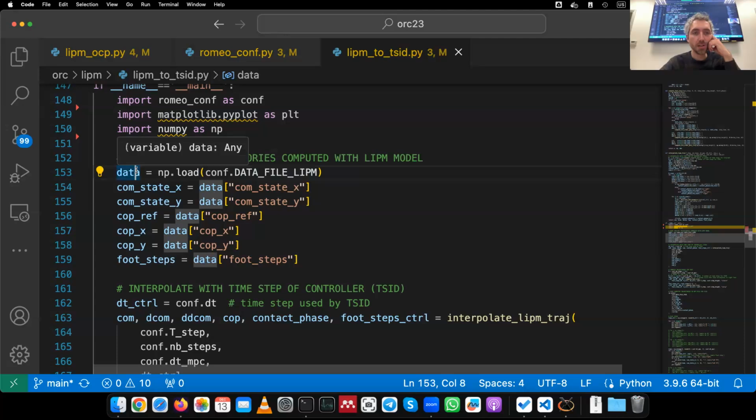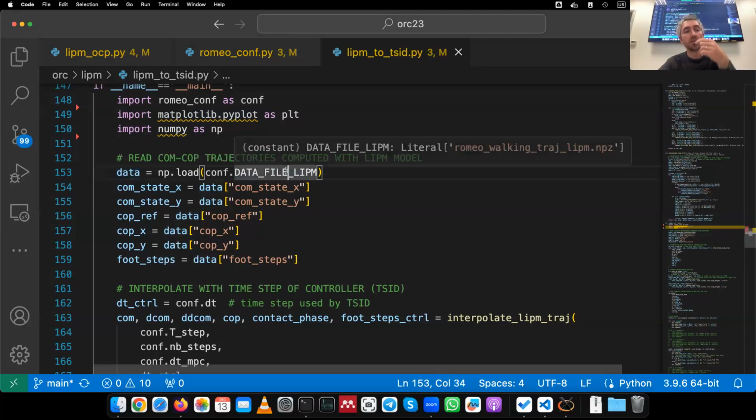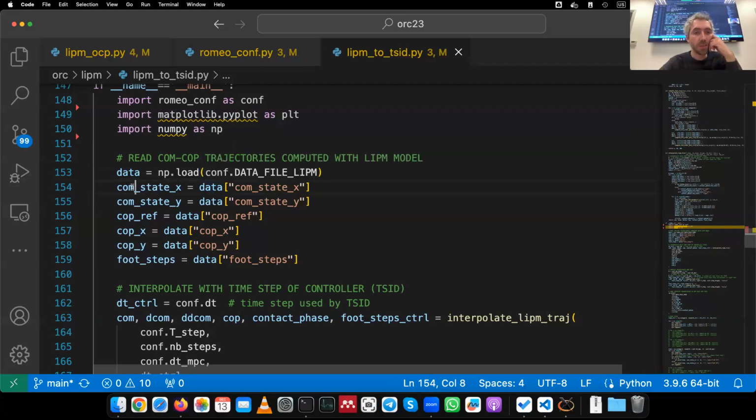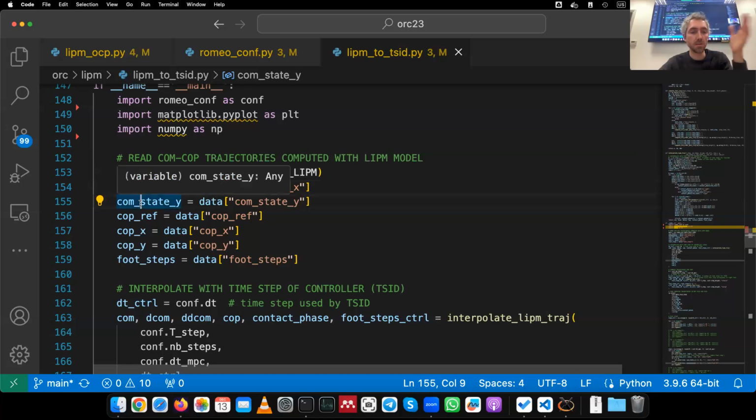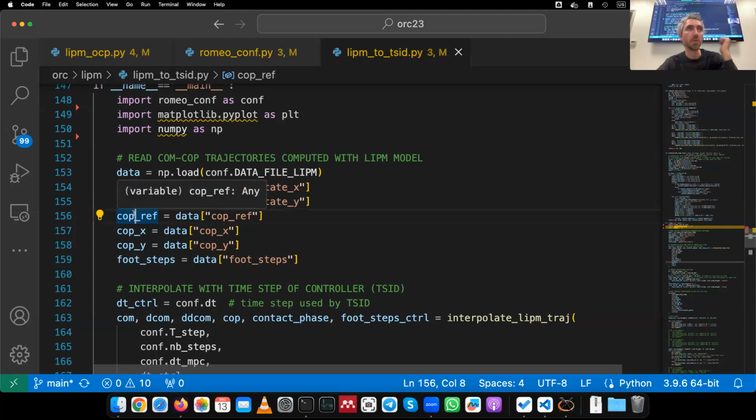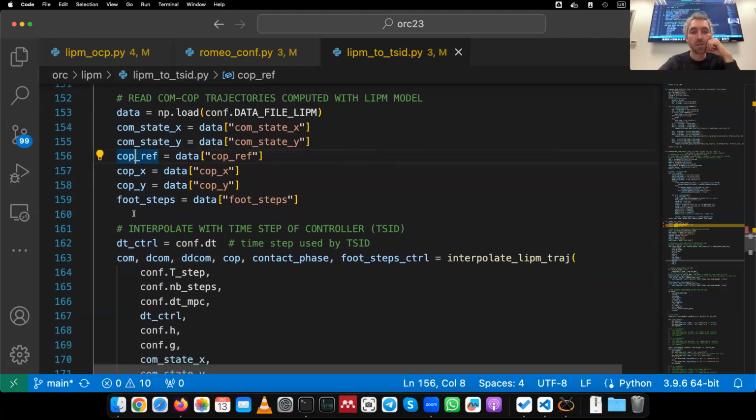So the script starts by reading the trajectories that have been generated by the previous script, the one solving the trajectory optimization problem, and getting the trajectory for the center of mass and the center of pressure sampled with the time step of the OCP, so 100 milliseconds.